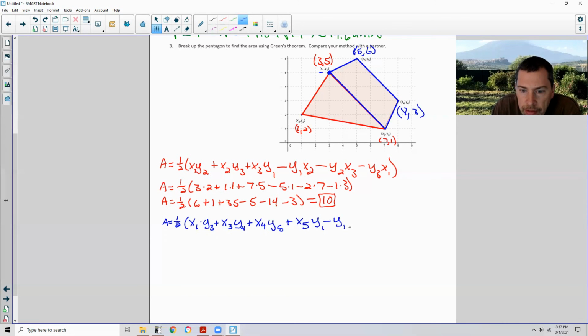Minus y sub 1, now we're here, going to the next x, x sub 3. Then the next y from y sub 1 going counterclockwise is y sub 3, minus y sub 3, but I'm going to use the x from the next vertex, which is x sub 4. Then I go to the next y, which is y4, times x on the next vertex, which is 5, minus the next y, which is y5, times the x from over here, which is x1.